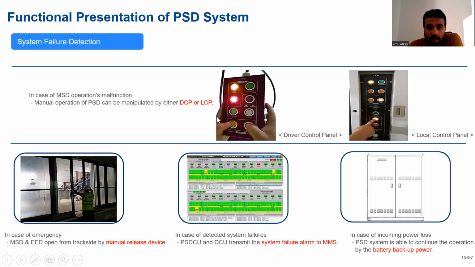Regarding DCB, you can control it from track side, LCB from platform side, and even if you are a passenger or maintainer, you can open MSD manually by releasing the manual device, as you see this guy in this photo. And in any case of losing power, this battery cabinet goes into service, and of course we can know which door has a fault from MMS.